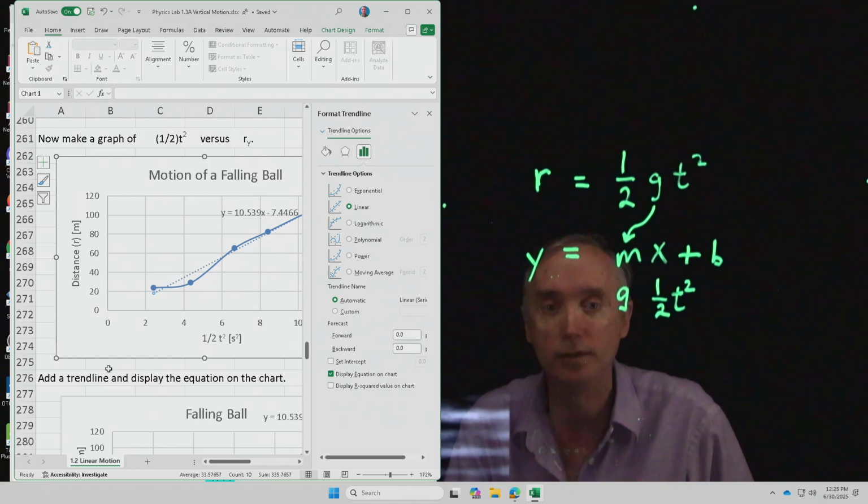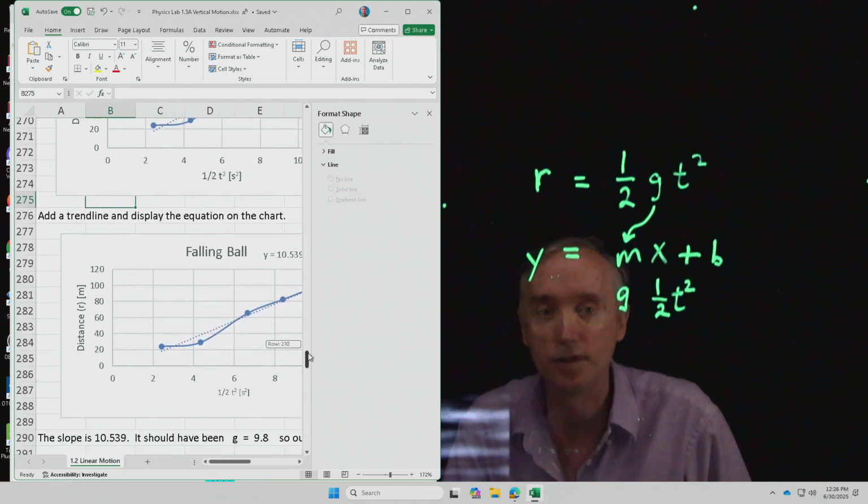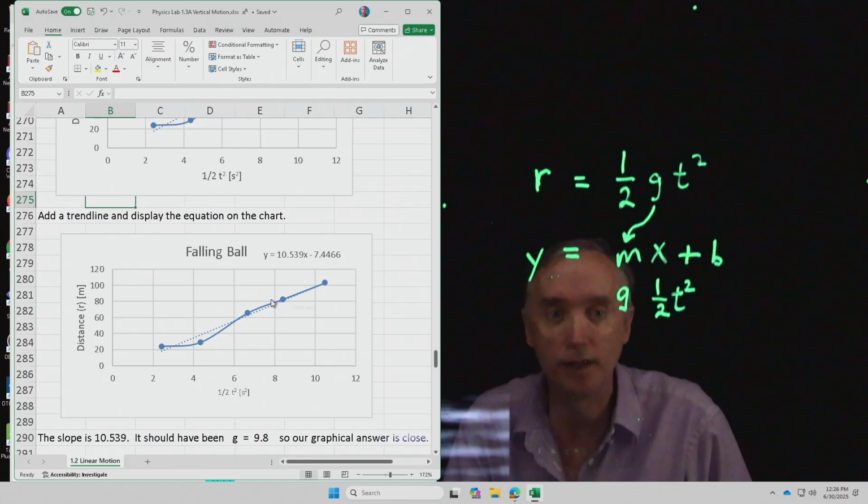Okay, so let me now go on down to here. So this is, again, the completed chart that has everything labeled, including the units. And then let me get rid of this. Okay, and then it has the trend line on there.